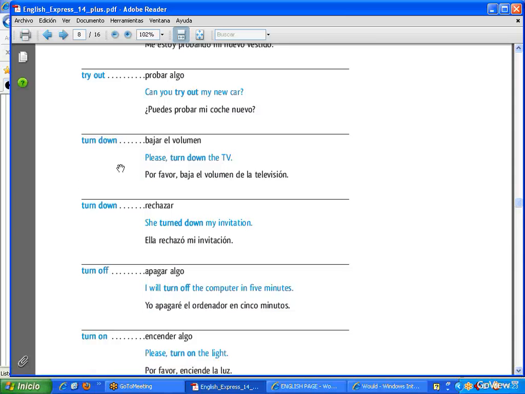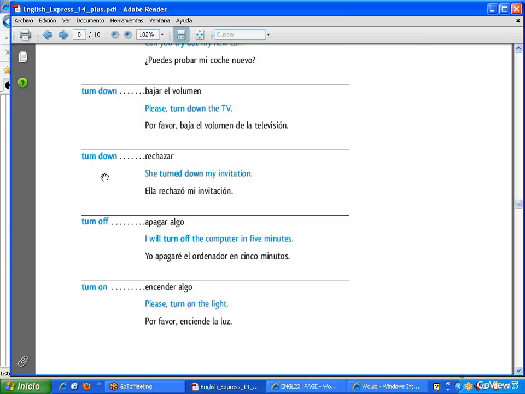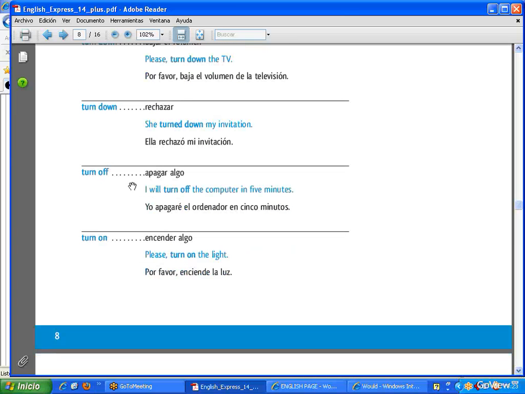All these turns. Turn down. Baja el volumen. Please turn down the TV. Or turn down, another meaning. Rechazar. She turned down my invitation. Turn off. Apagar algo. I will turn off the computer in 5 minutes.